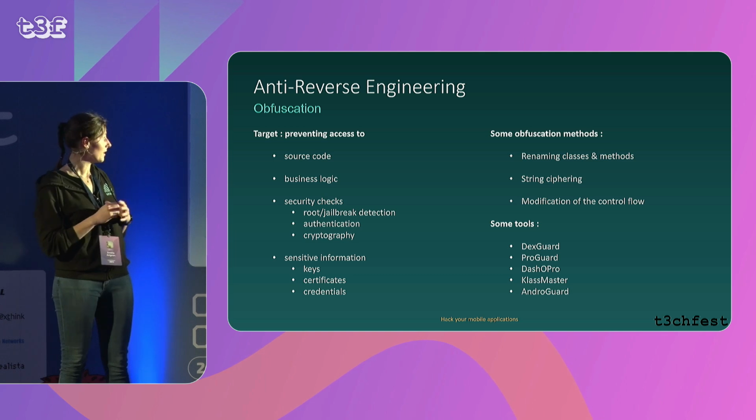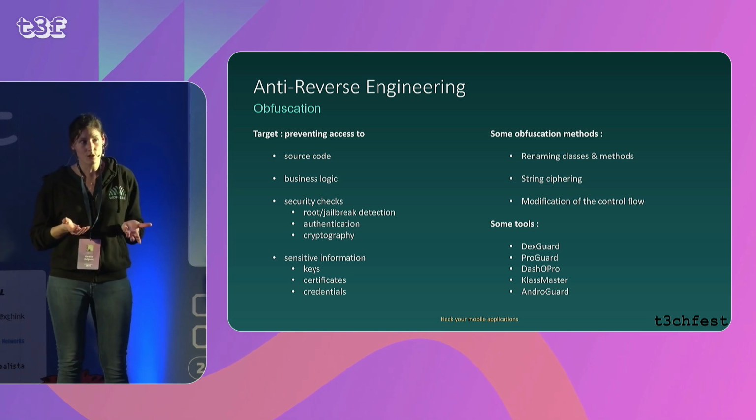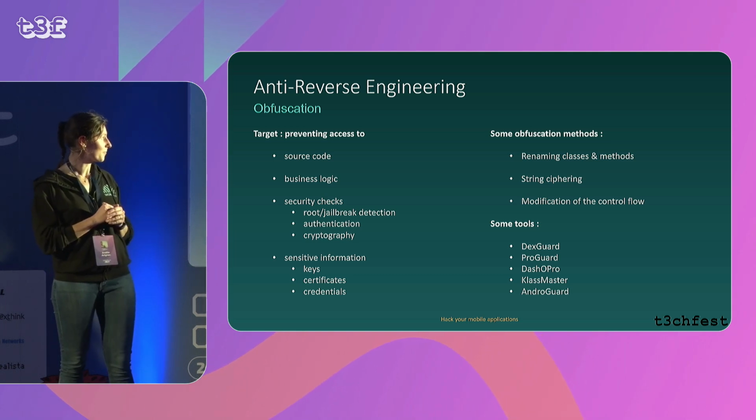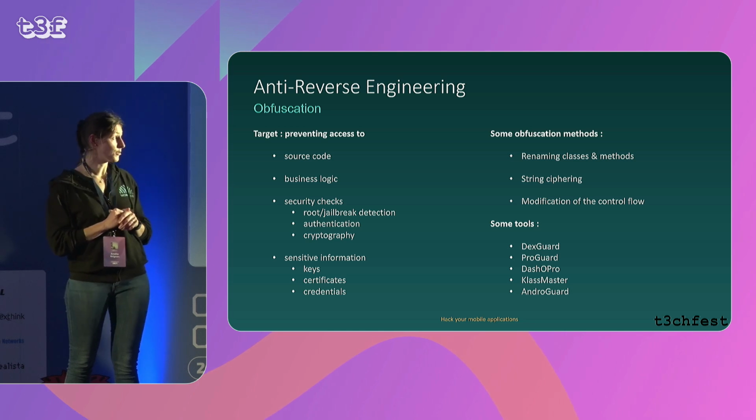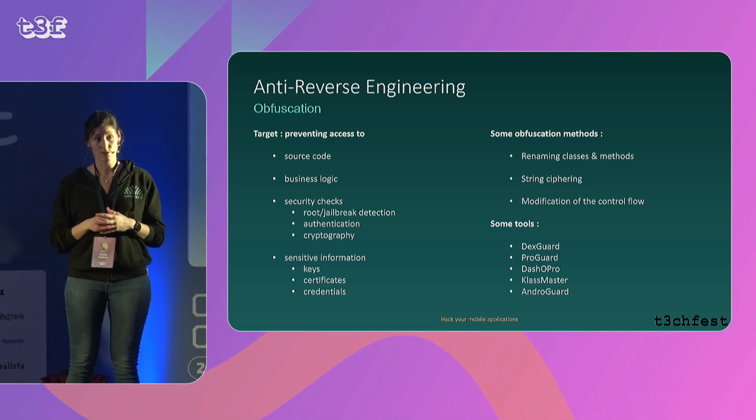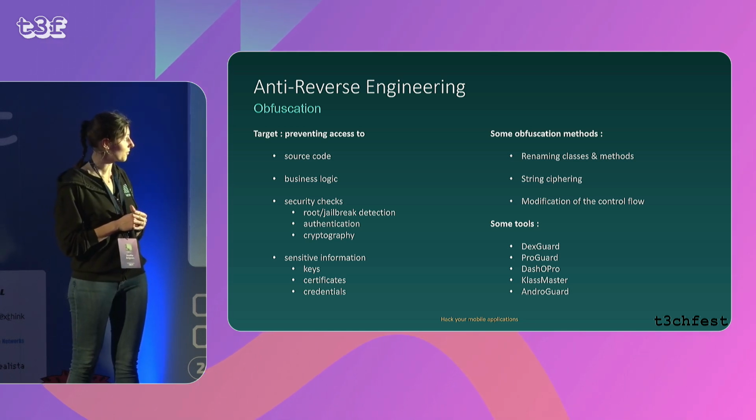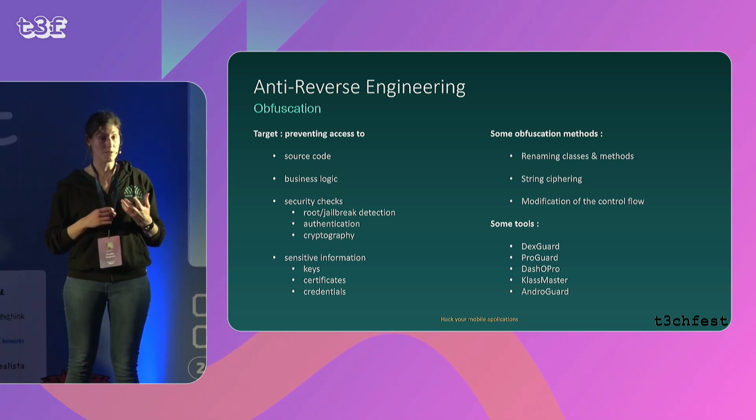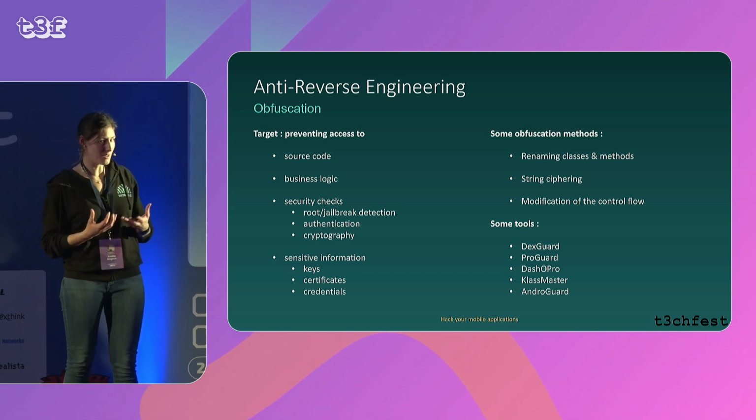So how does obfuscation do all these things? The first example is to rename classes and methods, making them not understandable by their names.